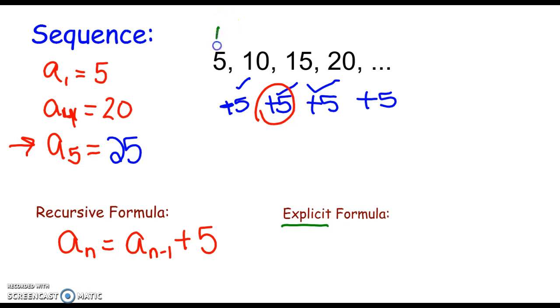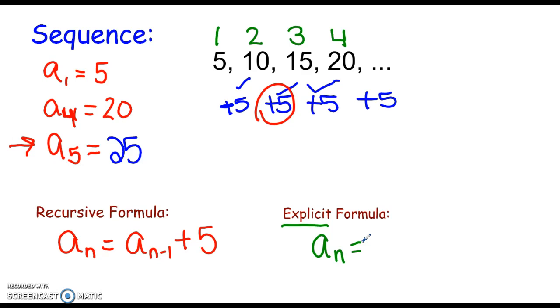So like for 5, n is 1. n is 2 for the second term, n is 3 for the third term, n is 4 for the fourth term, and so on and so forth. So the explicit formula is going to again tell you that you can find any term, but I don't need to know the previous one. I just want to know what term number I'm dealing with.